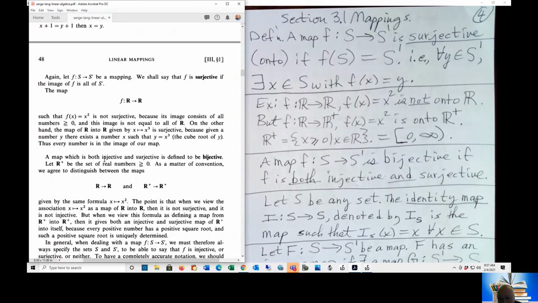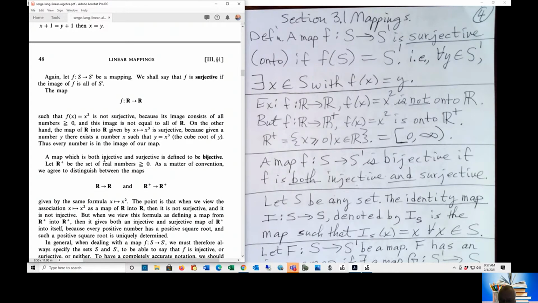Because we see that it goes to the non-negative real numbers. So sometimes one-to-one and onto depends on the restriction of the domain or the codomain.